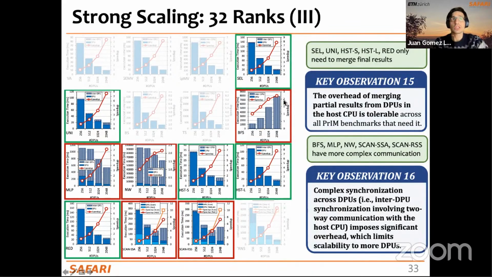And here we see that this inter-DPU synchronization time is huge because also the number of DPUs that we are using is huge. If you compare these results on 32 ranks with the results on 1 rank, you will see that on 1 rank, the weight of the inter-DPU synchronization with respect to the DPU kernel time itself is not that high.